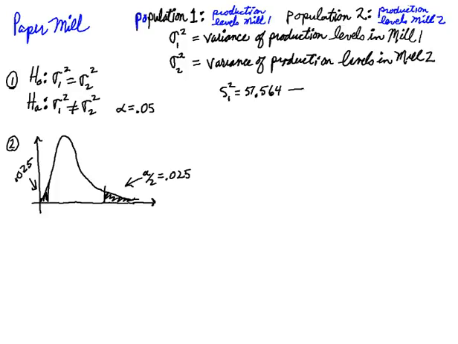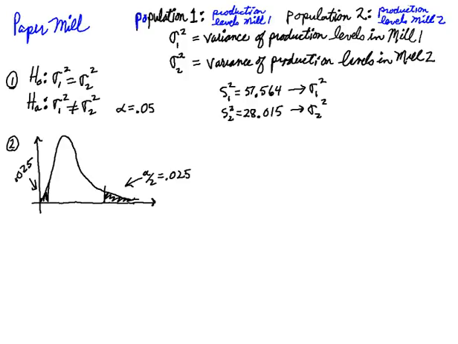And again, that's an estimate of the sigma 1 squared. S2 squared, the sample variance from population 2, I calculated at 28.015, and that is an estimate of sigma 2 squared.